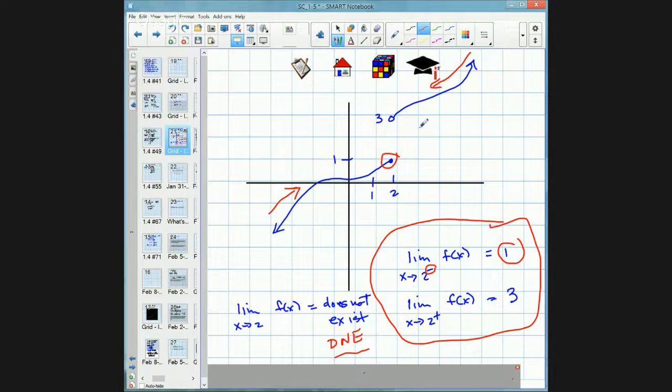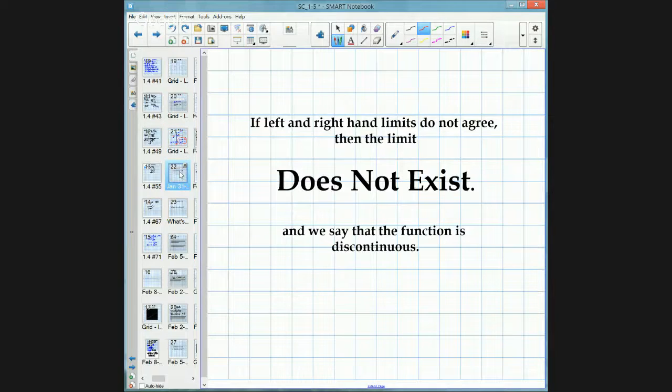In this case, the left-hand limit as x approaches 2 is not the same as the right-hand limit. When the 2 limits do not agree from either side, then we say that the limit does not exist. And the abbreviation for does not exist is DNE.